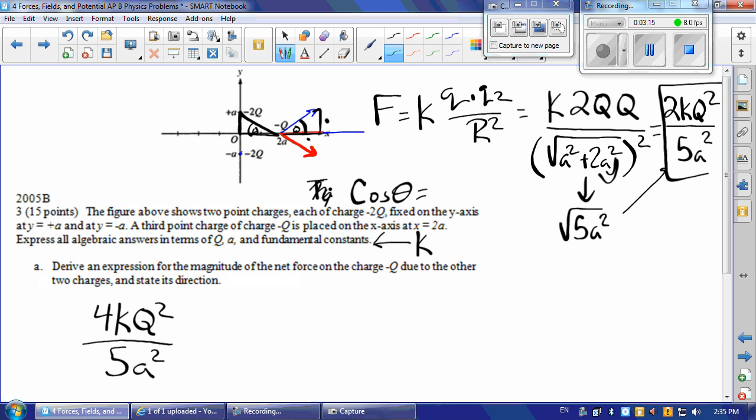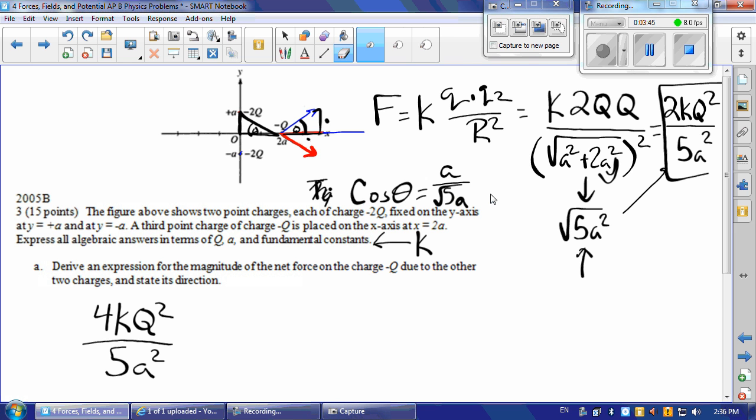Cosine is opposite, which is a, over hypotenuse, which we found to be the square root of 5a squared. And actually, it's only going to be root 5a, because I squared it last time in the force equation, but I don't want to square it now, so it just stays as the square root of 5 times a.